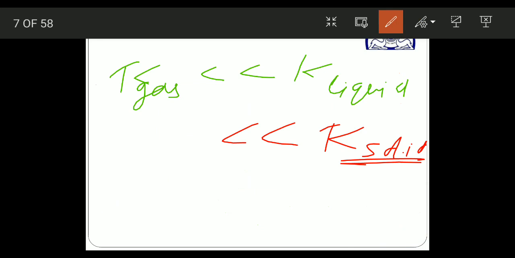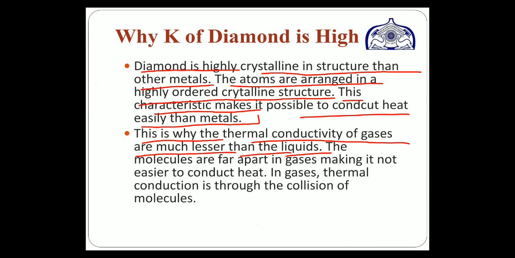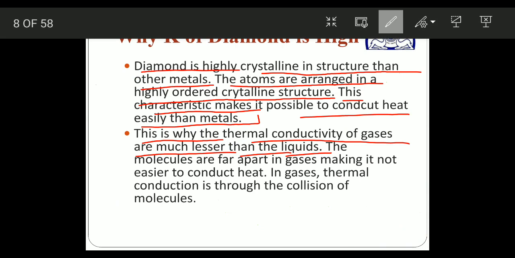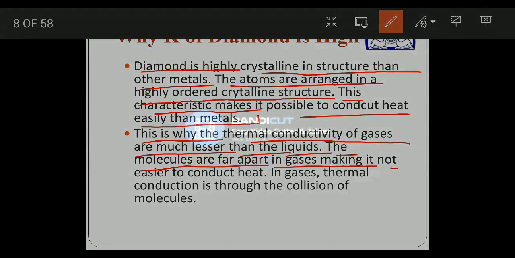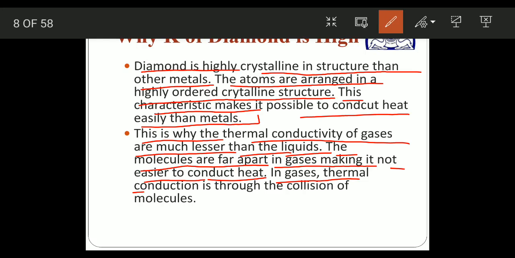Why? Because in solids the structure is well organized, but compared to diamond it is not so well organized. That's why the thermal conductivity of diamond is higher than that of metals also. Now the molecules are far apart in gases, and thermal conduction is through the collision of molecules.